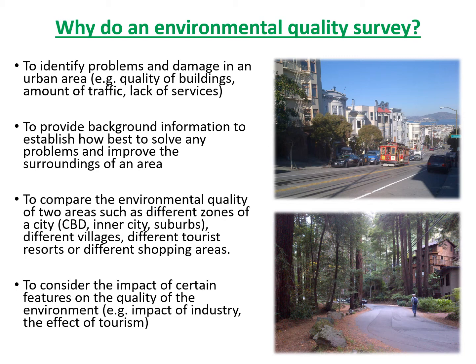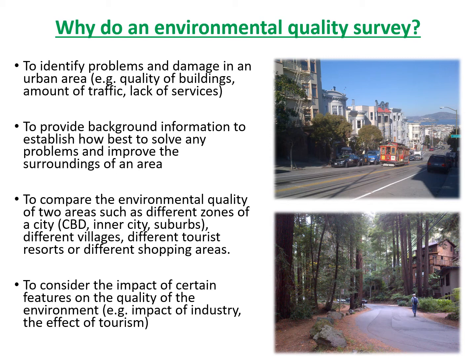The second bullet point tells us, of course, that the EQS can also provide that background information that is required by planners to solve some of these problems. So it informs planners, it informs decision makers about the condition of the environment, which then allows them to make the necessary interpretations and the necessary plans in order to solve those issues, or identify what needs to be done to solve those issues.